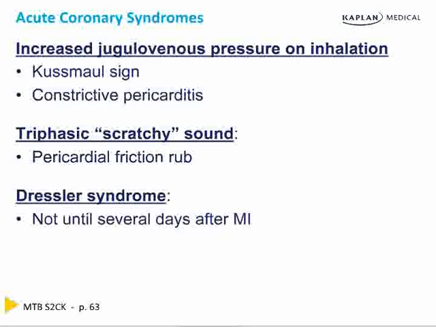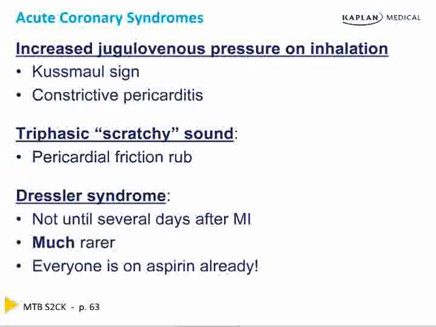Dressler, a Brooklyn cardiologist at Maimonides Medical Center once upon a time, was living and working before we knew that everybody should get an aspirin. So you could say everybody in the world who gets an MI is treated for Dressler's syndrome with aspirin, and that's why we just don't see it much anymore.